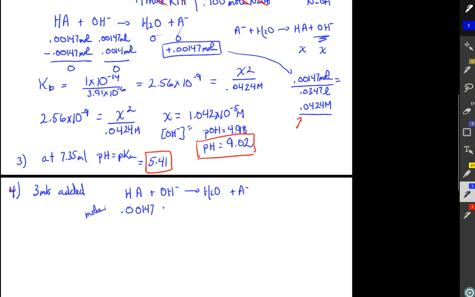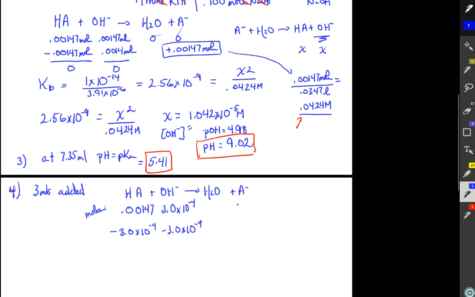And my initial, if I add 3 mils, it's 3.0 times 10 to the negative 4th for OH. That's definitely going to be my limiting reactant. So the change here will be minus 3.0 times 10 to the negative 4, minus 3.0 times 10 to the negative 4.